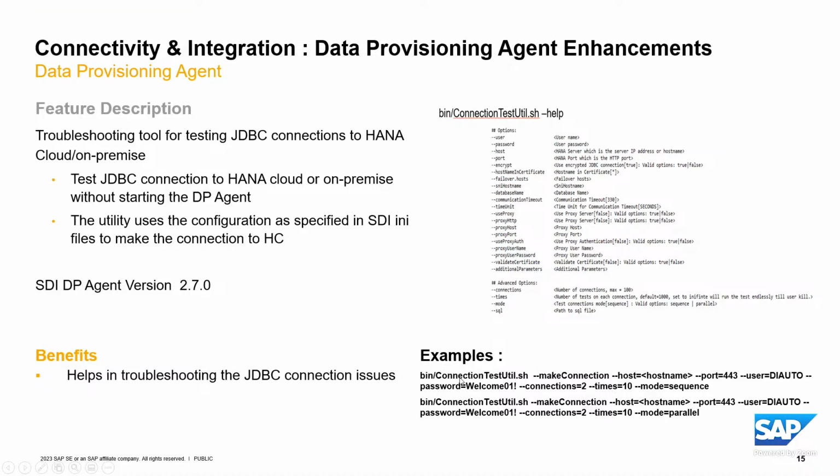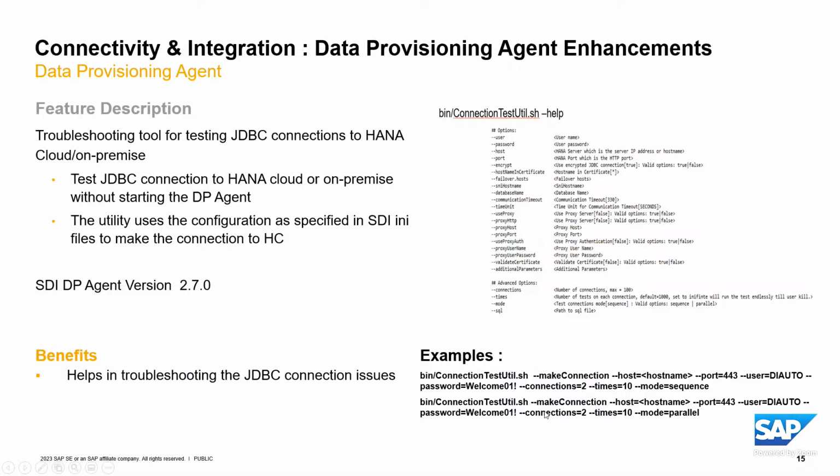These are a couple of examples I put together to use this tool. In the first example, we are making two connections, and each connection will try 10 times in sequence, one after the other. In the second example, we are making two connections, each connection will try 10 times, and each connection will run in its own thread.